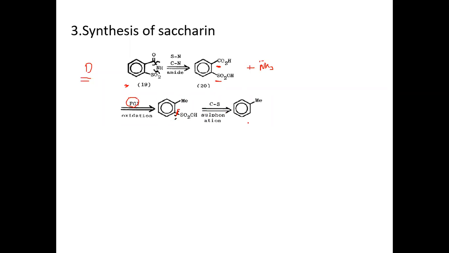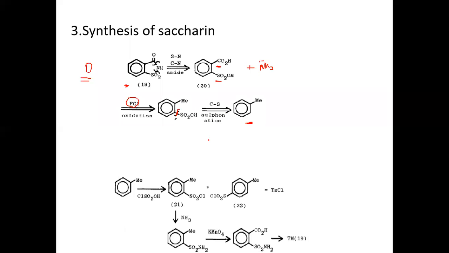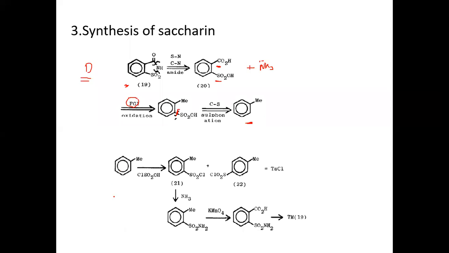We'll get this. We shall see the synthesis. We'll start with this toluene molecule. You know that the methyl group in toluene is an electron donating group. Which director is it? Meta director or ortho para director?